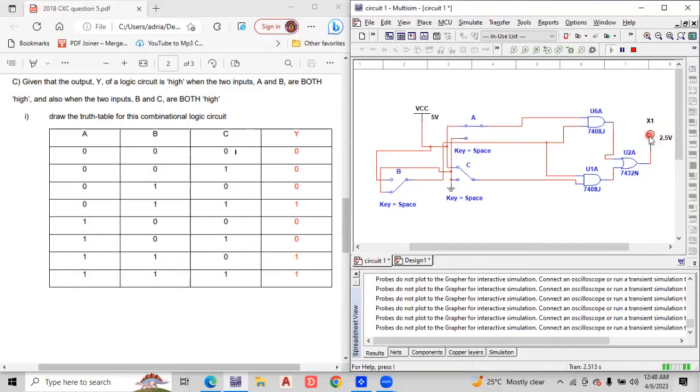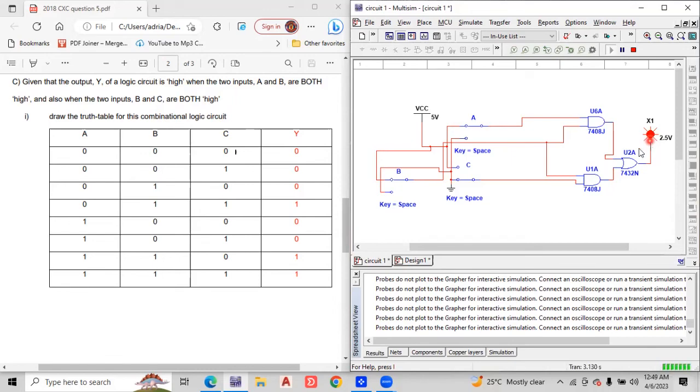So the indicator is off because the output is low. All right, good. So let's go again. So A high, B high, C low. All right, so the indicator should be on because the output is high. So there we go. All right, good.